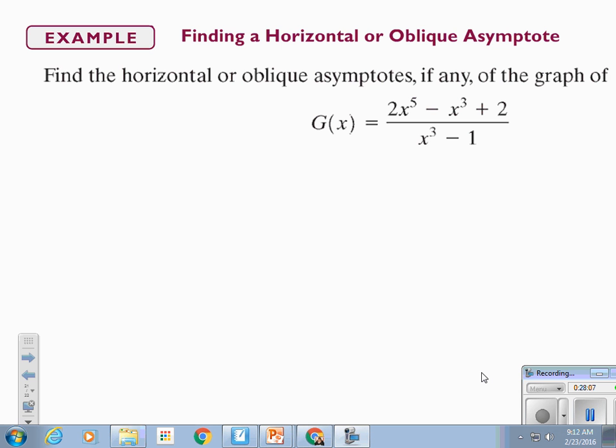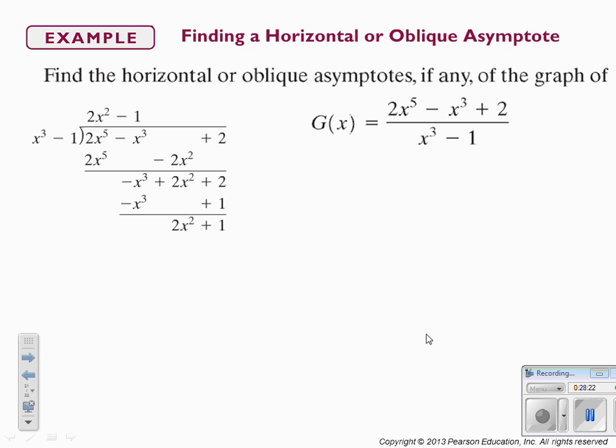Okay, last example. We have g of x equals 2x to the 5th minus x cubed plus 2 over x to the 3rd minus 1. Let's go ahead and do that long division. So we say what times x cubed will give me 2x to the 5th?